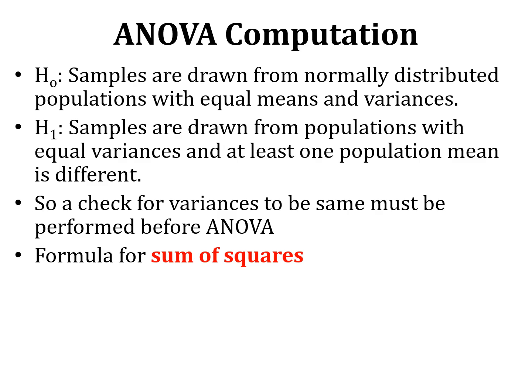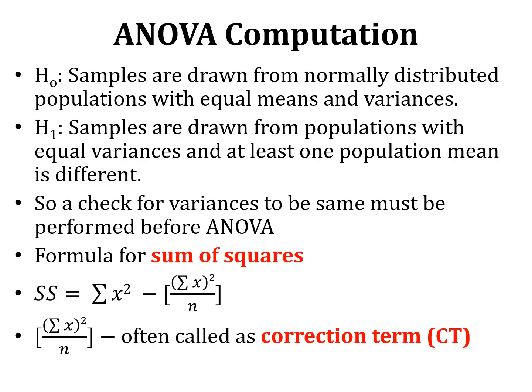And what you need to remember for the ANOVA computation is the formula for sum of squares. This is the simple formula: summation x square, where x are the individual observations, so you take the square of the individual observations and then their sum. This is to be subtracted from a factor known as the correction term.